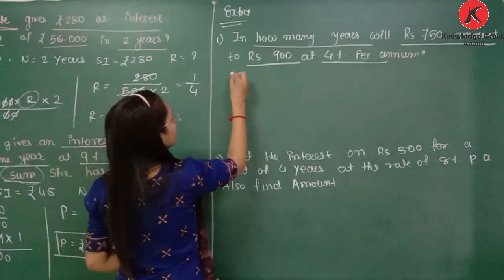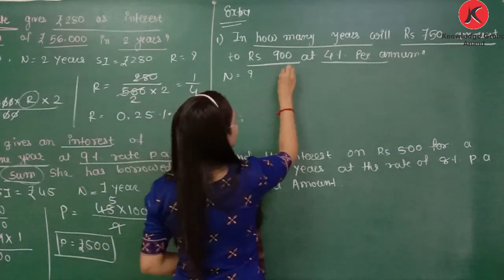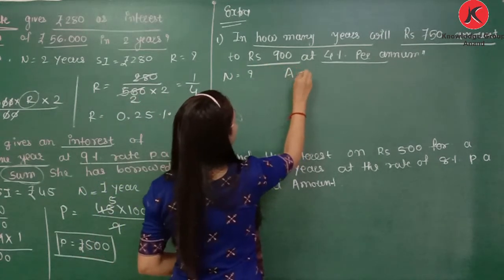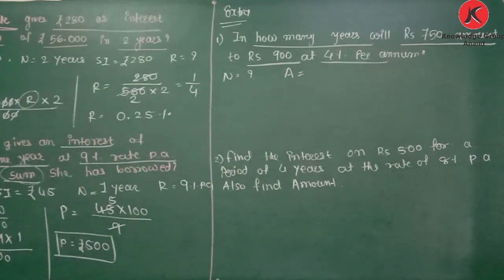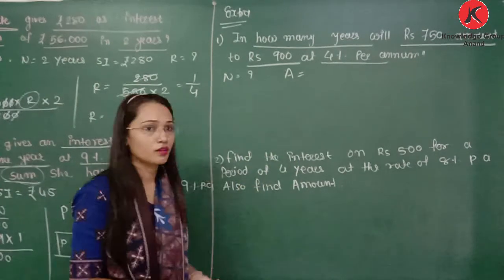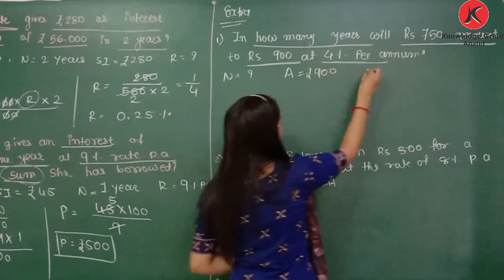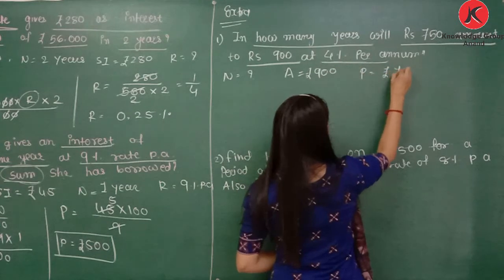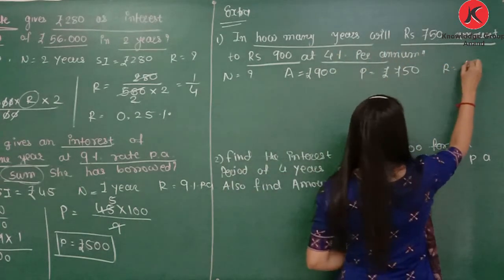So we can write, amount is given, 900 rupees, and P is given, 750 rupees. Rate of interest is given, 4%.